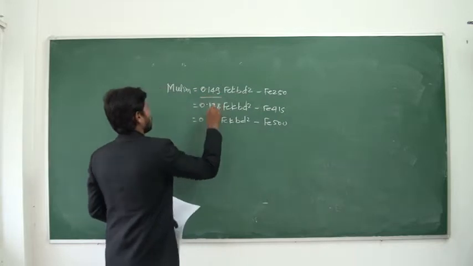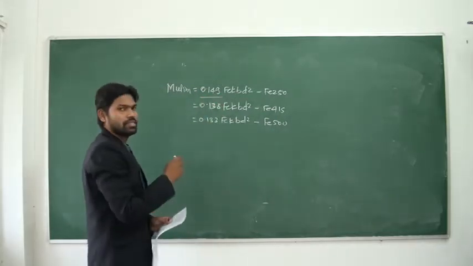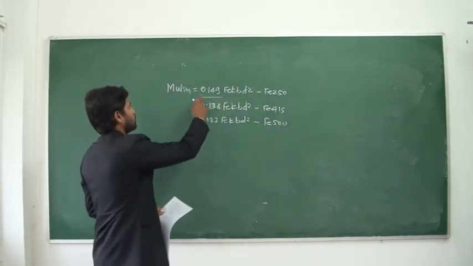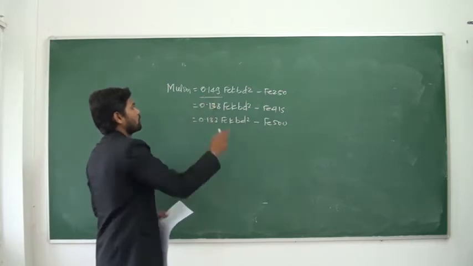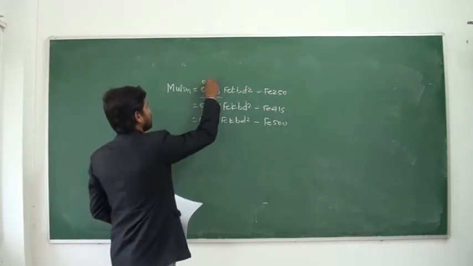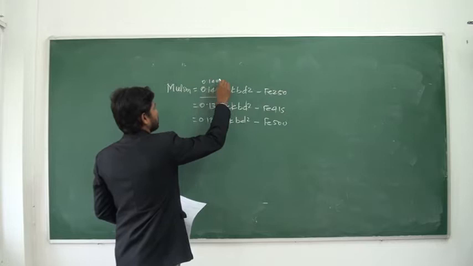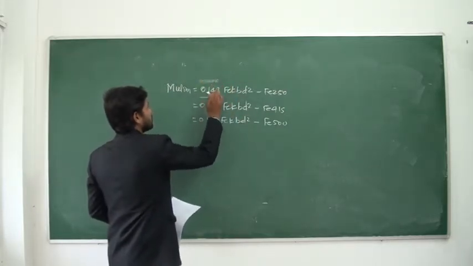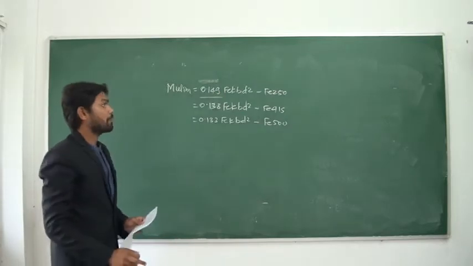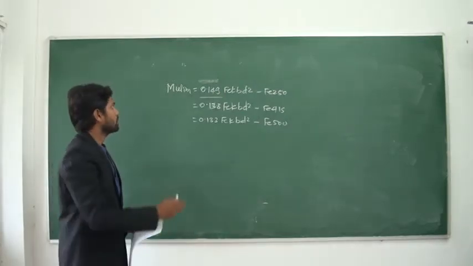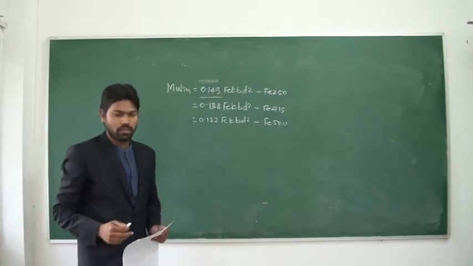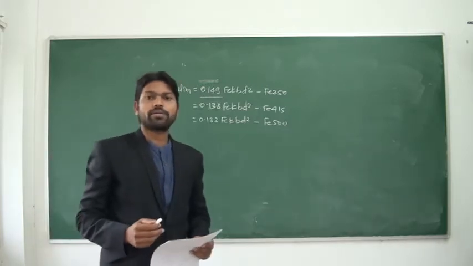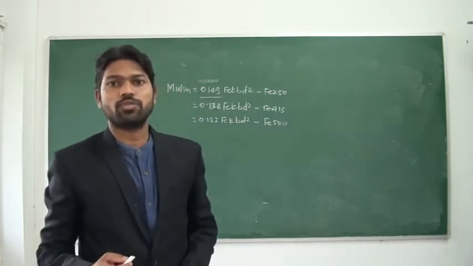Actually this value of 0.149 in previous lecture I had taken as 0.148, but actually it is 0.149, because the digit beyond this 8 is more than 5, so you have to take it as 0.149 FCK BD square. Okay, so these are the limiting values for moment of resistance for given grade of steel.